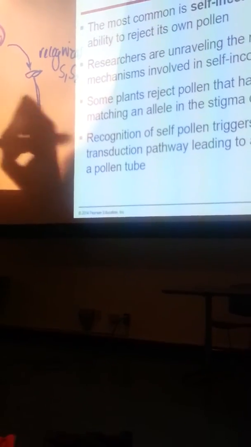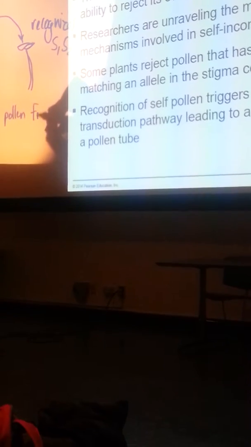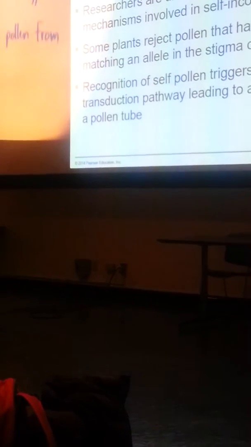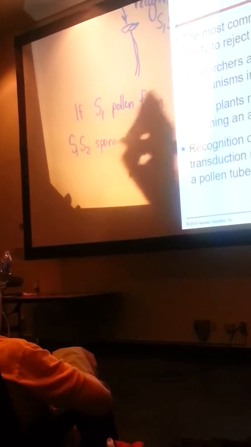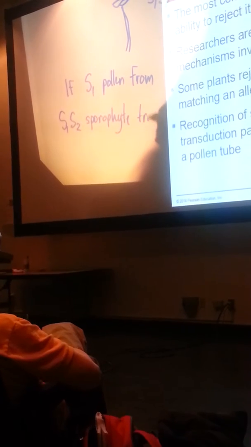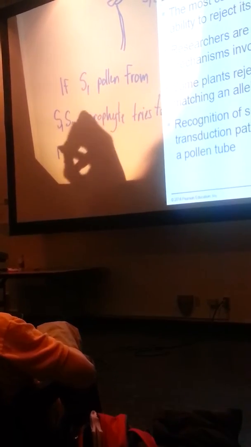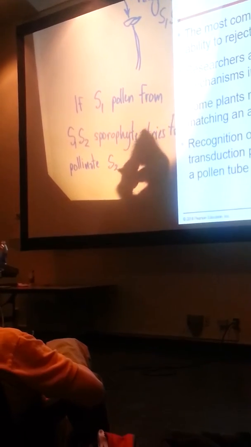So, if S1 pollen from an S1, S2 sporophyte, so its parent was an S1, S2 genotype, tries to pollinate an S2, S3, what will happen?